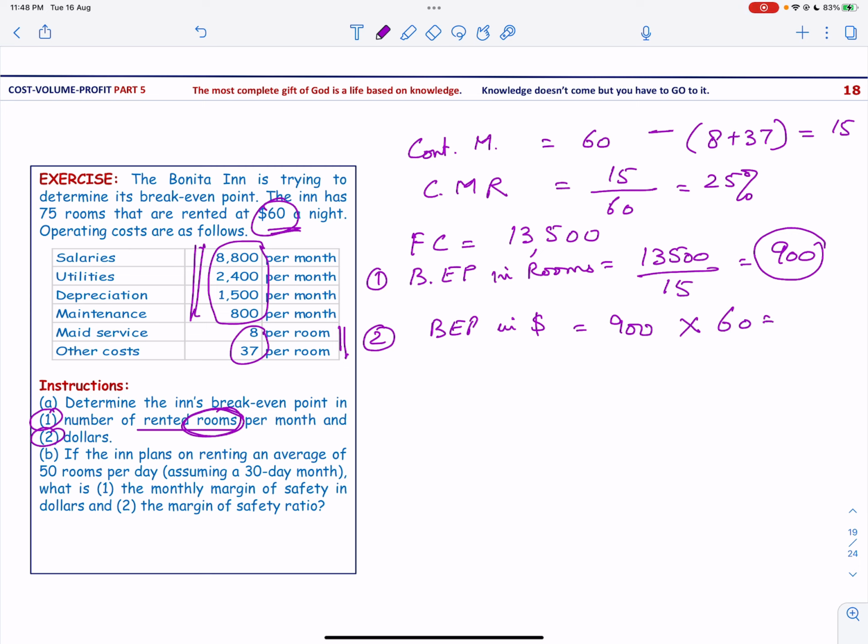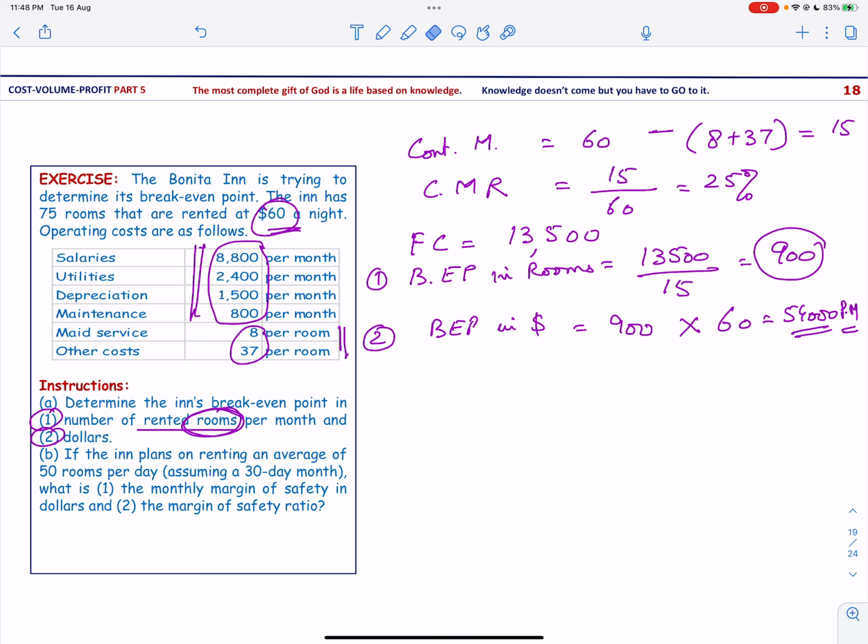So that is equal to 54,000 per month. So they have to generate revenue of 54,000 to have a break even.